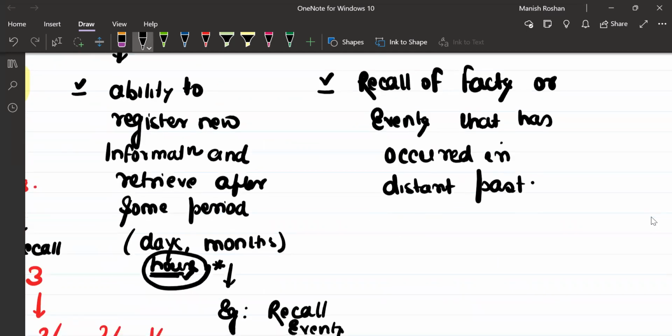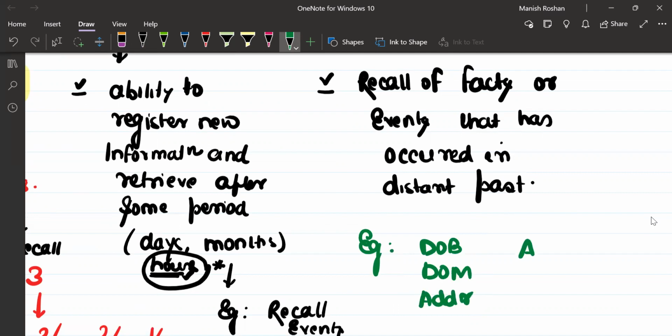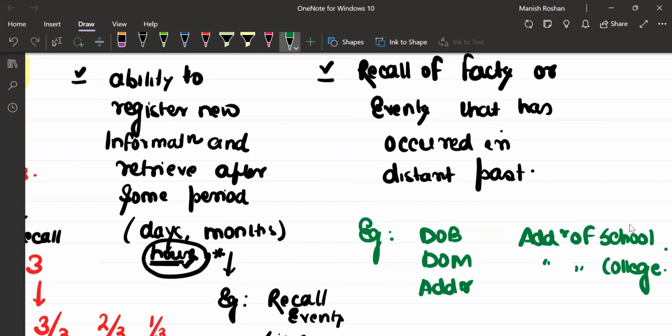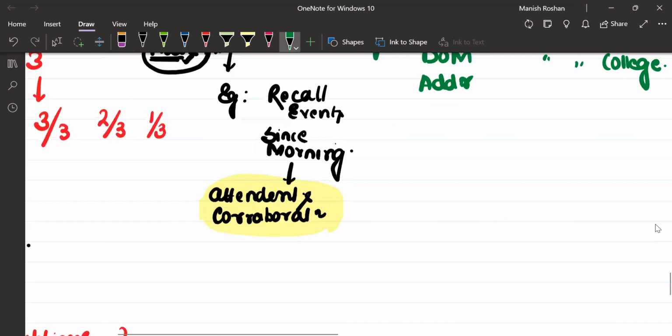So what are the various questions that you can ask? You can ask the date of birth, you can ask the date of marriage, you can ask the address, you can ask the address of school that the patient has attended, similarly address of college. You can accordingly ask them. Okay.